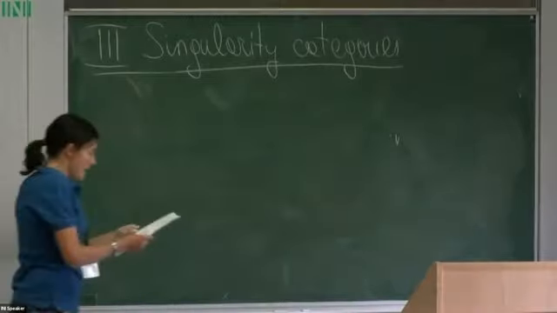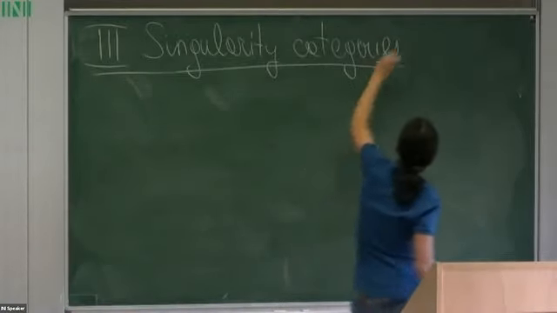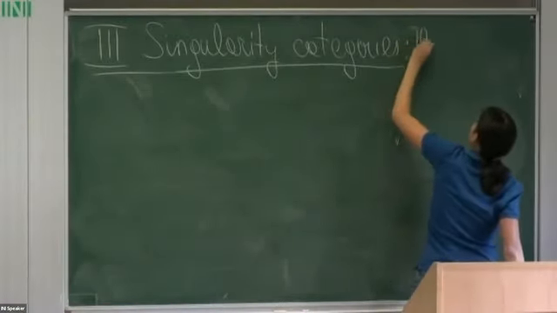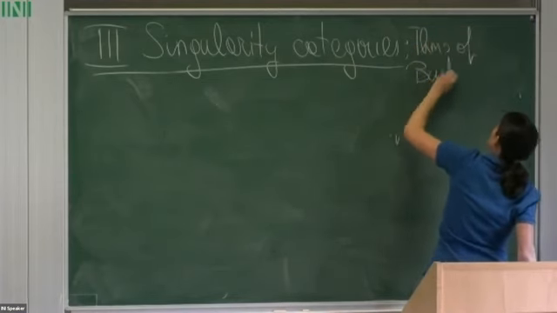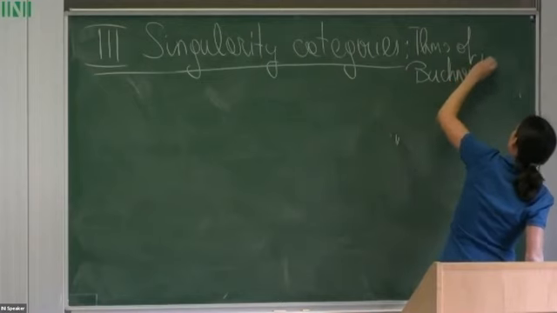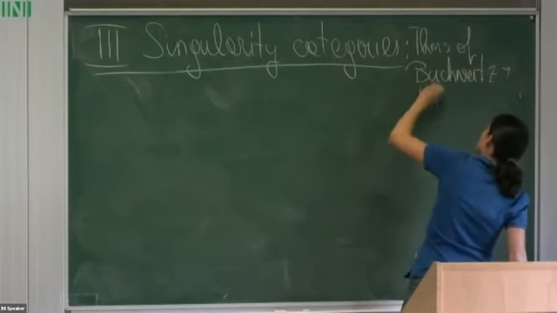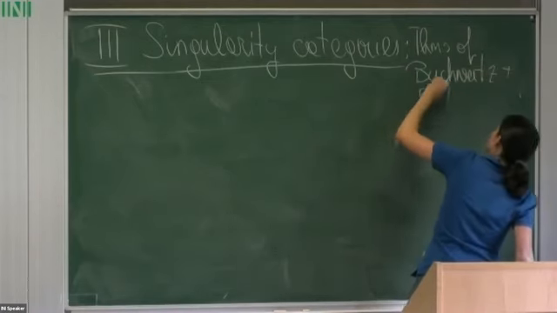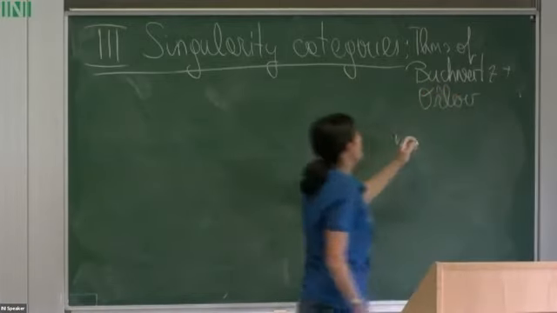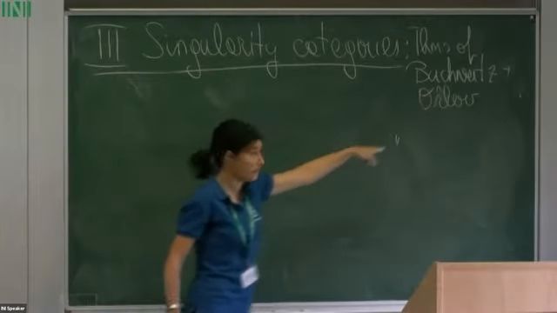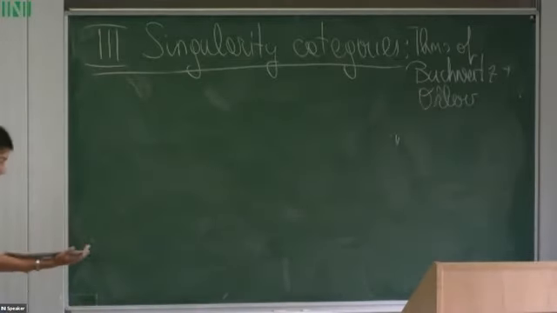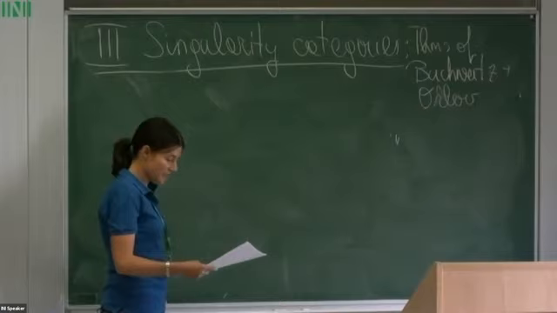So I should say that this is the theorem of Buchweitz and Orlov. Sometimes it's called a theorem of Buchweitz and Orlov, but it's essentially Buchweitz's just the non-graded version and Orlov's just the graded version, and some additional things.